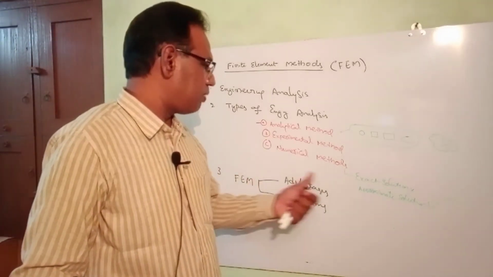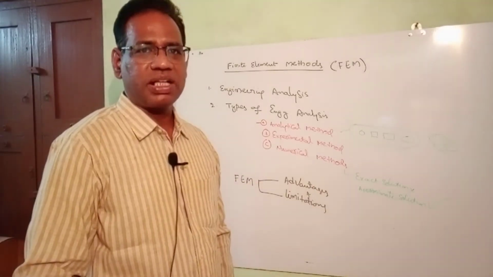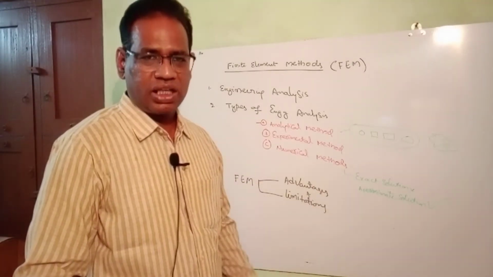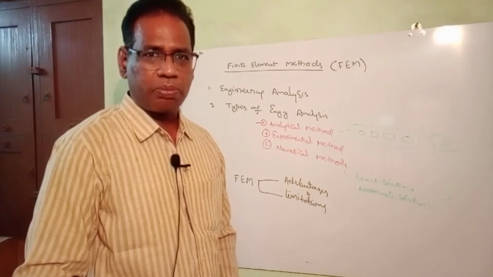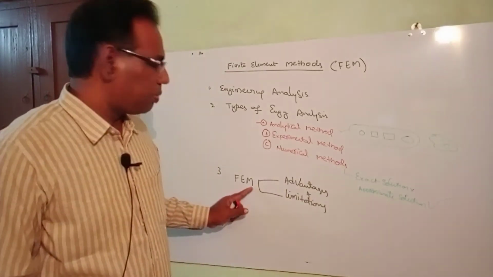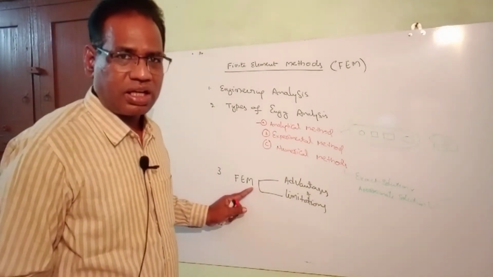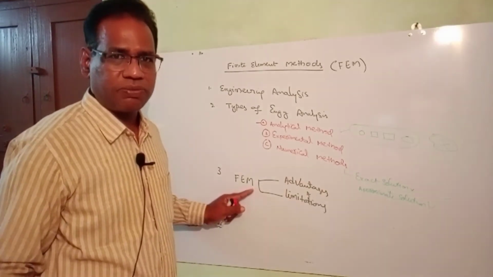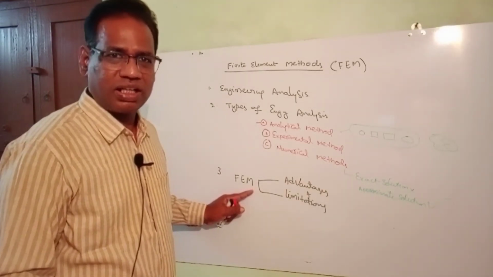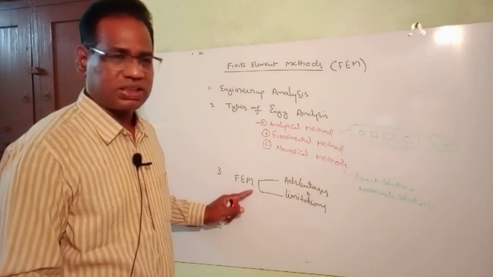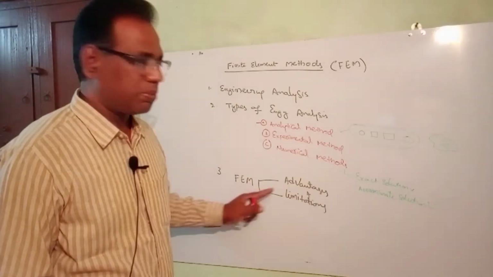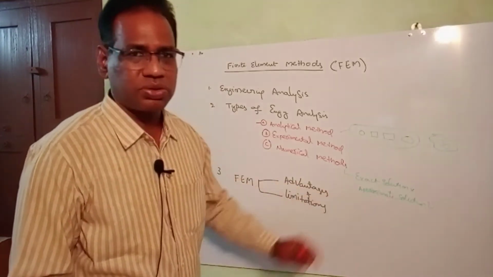It can be applied for any type of geometry, working conditions, loading conditions, and boundary conditions, and you can predict all your deformation, deflections, heat, temperature, all your requirements with a little bit of error, that is approximate solutions.